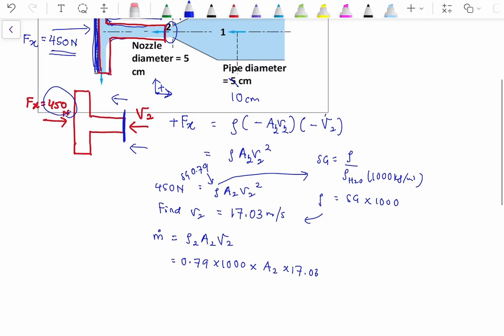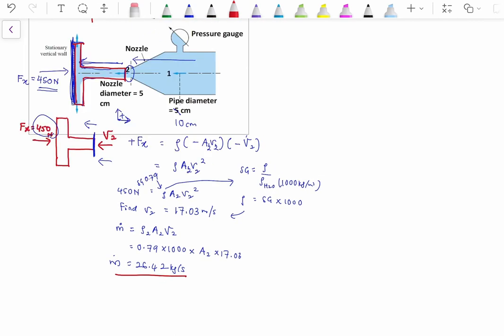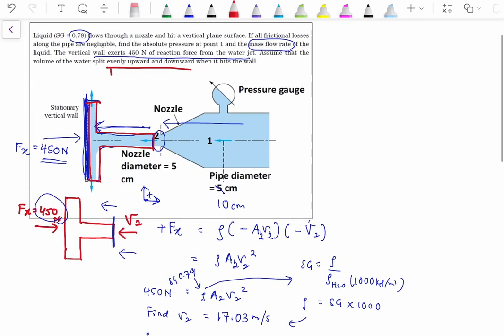That will give us m dot to be 26.42 kilogram per second. Okay, that is our first answer. Okay, next we have to find the pressure at point 1 here.